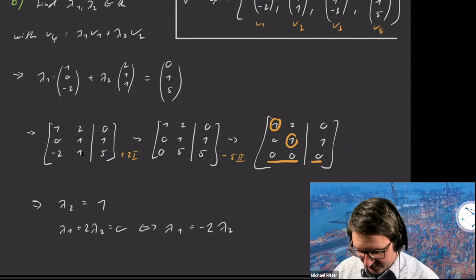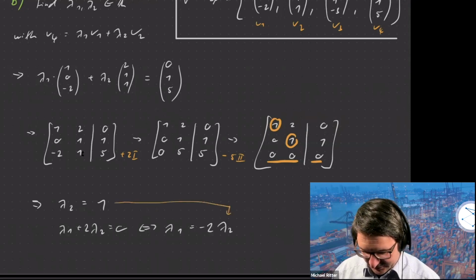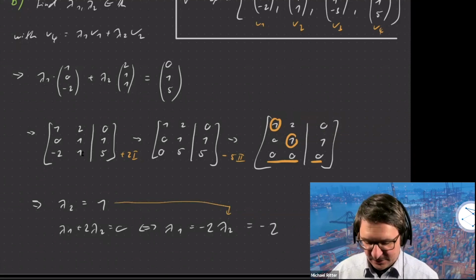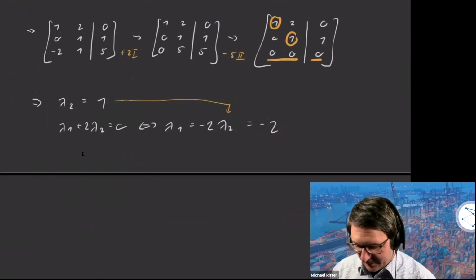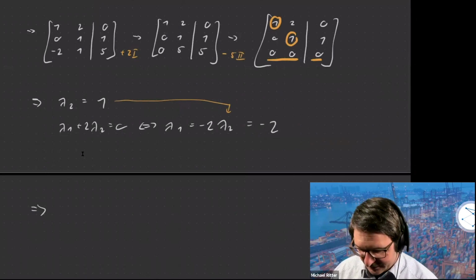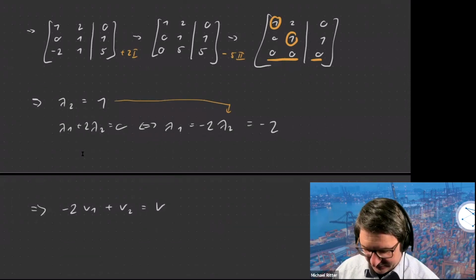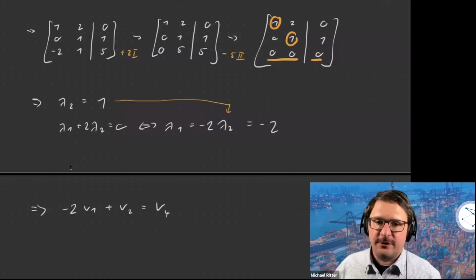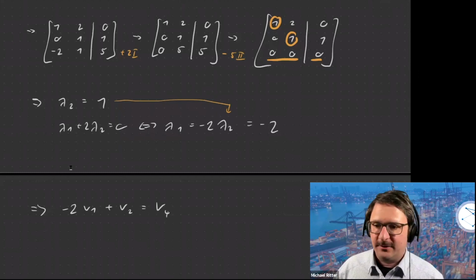We know lambda 2 already. So let's just substitute that here and we get minus 2. And that means the final result here is minus 2 times v1 plus v2 is v4. So v4 is indeed a linear combination of v1 and v2. And here are the coefficients, minus 2 and plus 1.